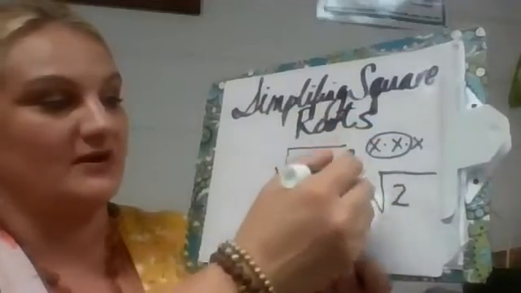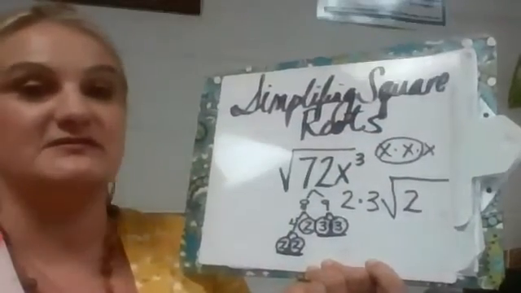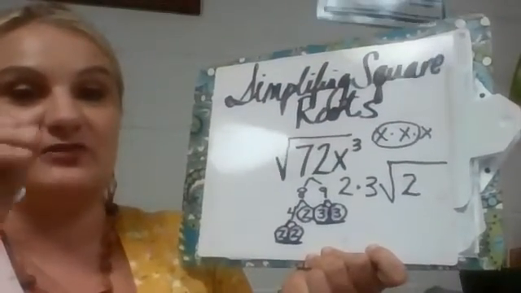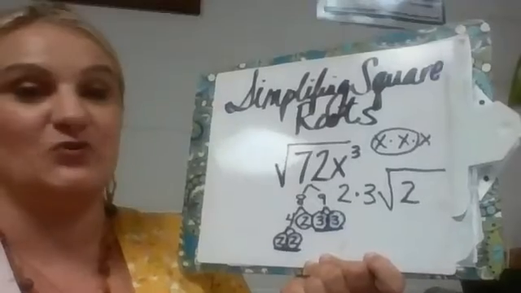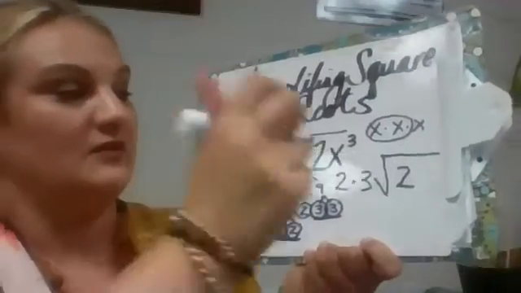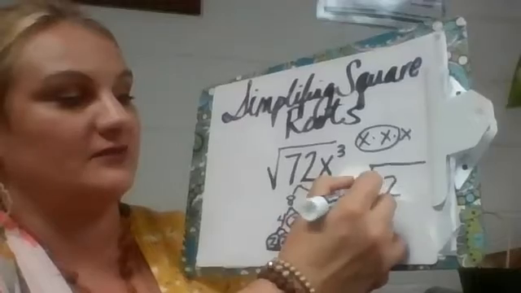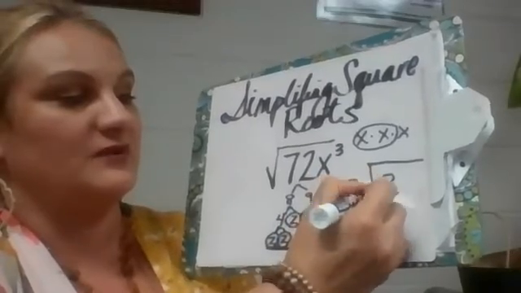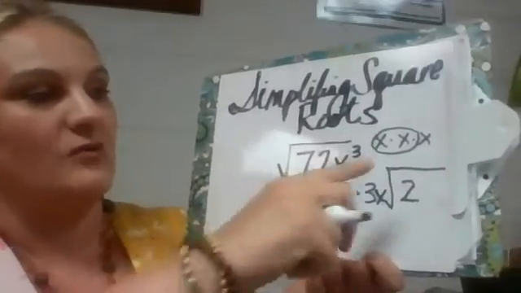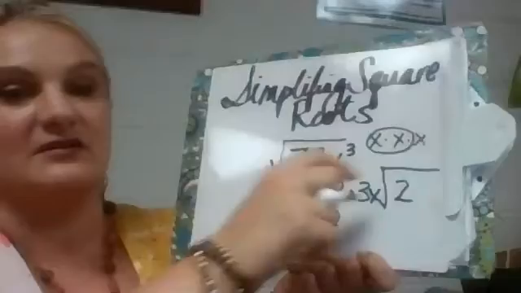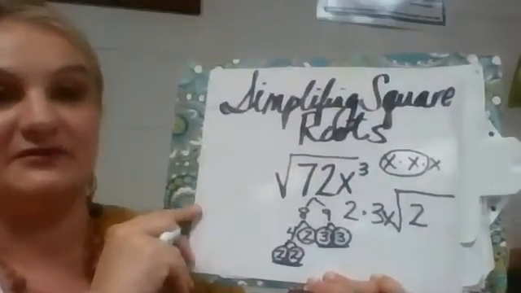The same rules apply. If they're going out on a date, you only write one of them. So I can put the x over here, and I'm only going to write one of them. Well, this other x, he has no date.